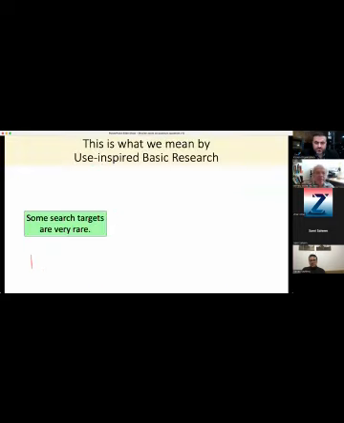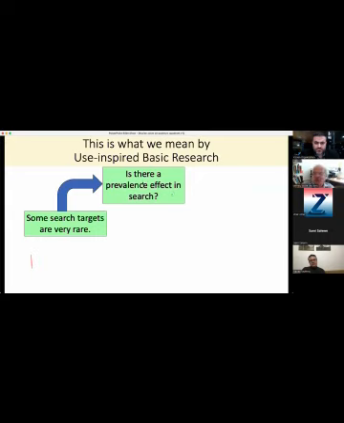I picked this as an example of use-inspired basic research because it's got the right parts. So we know that some targets are very rare in tasks that we care about out in the world.